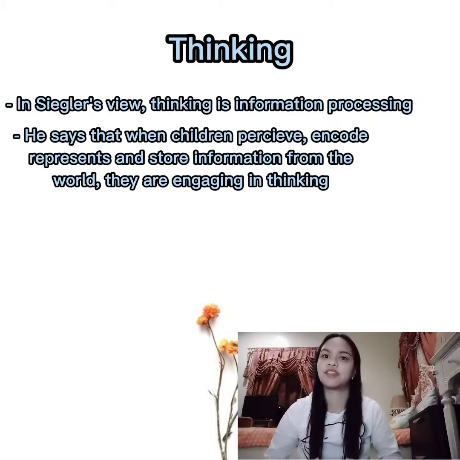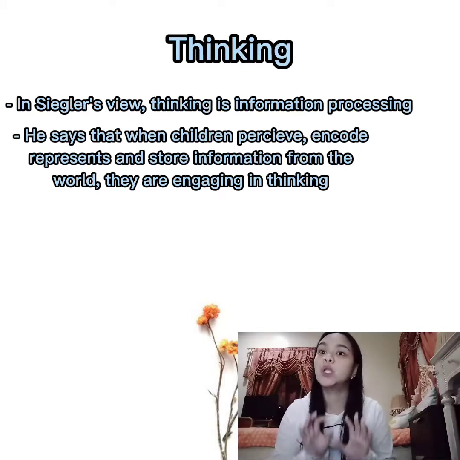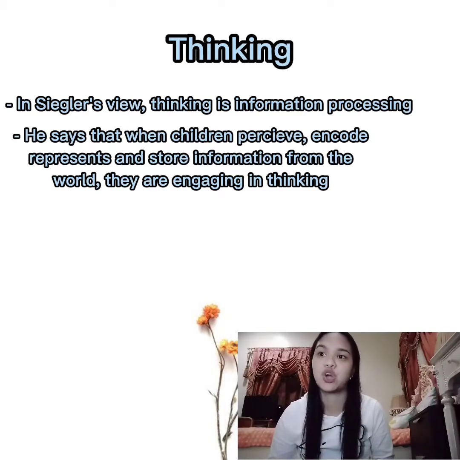Siegler believes that thinking is highly flexible, which allows individuals to adapt and adjust to many changes in circumstances, task requirements, and goals. However, there are some limits on the human's remarkable thinking abilities. An individual can pay attention to only a limited amount of information at any one moment, and there are limits on how fast we can process information.